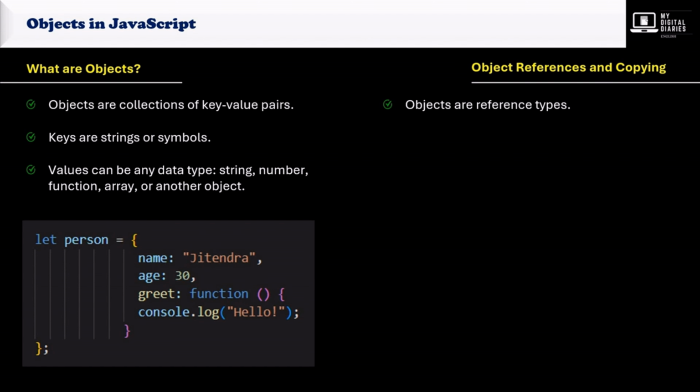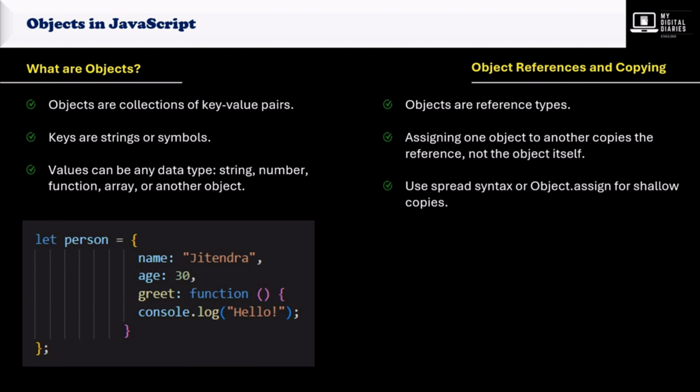For example, if I create an object A with a value of 10 and then assign it to say B, both A and B now point to the same object or reference. So now if I change B dot value, then A dot value will automatically get changed. So that is what a reference type is. Assigning one object to another copies the reference, not the object itself.